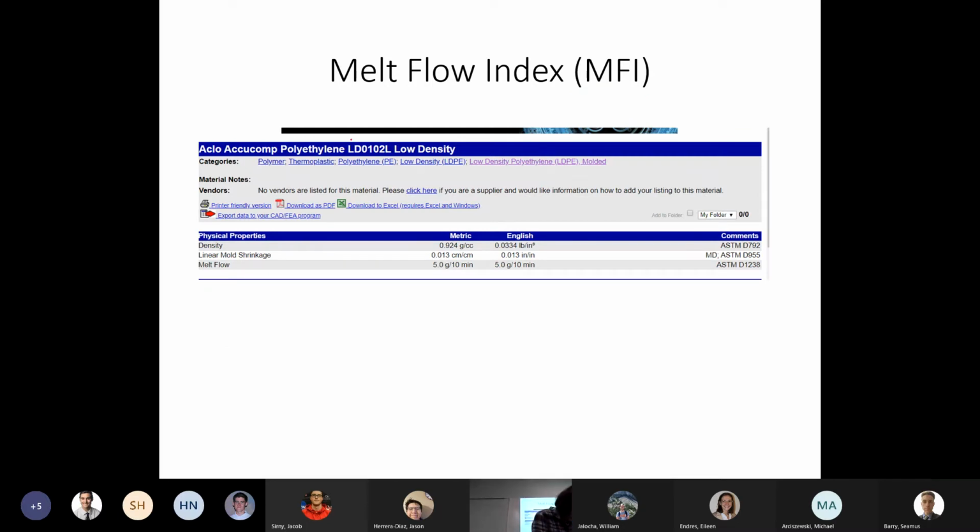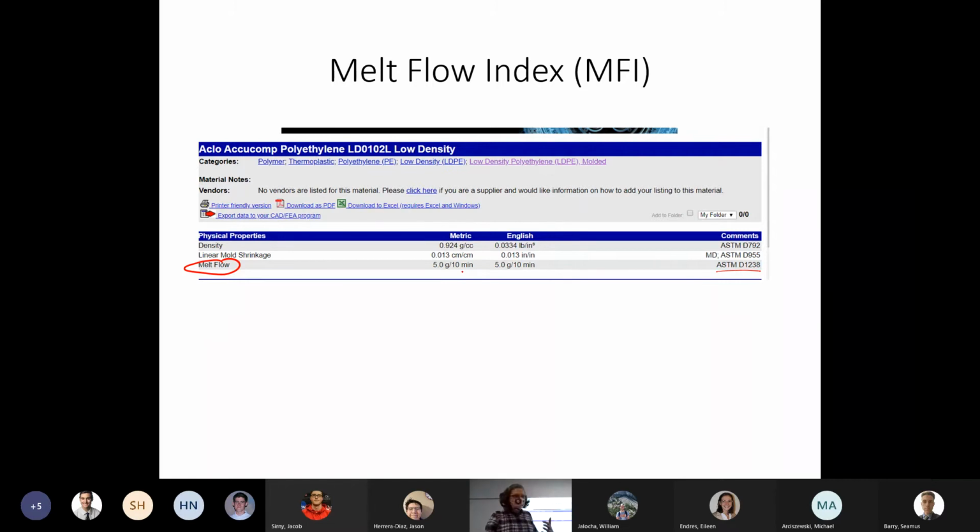So here we have a particular type of low density polyethylene. So low density polyethylene is number 4 on the recycling. So you may see some bags made out of it. And so here we have the melt flow index. It references an ASTM spec, and we see that it is 5 grams per 10 minutes.